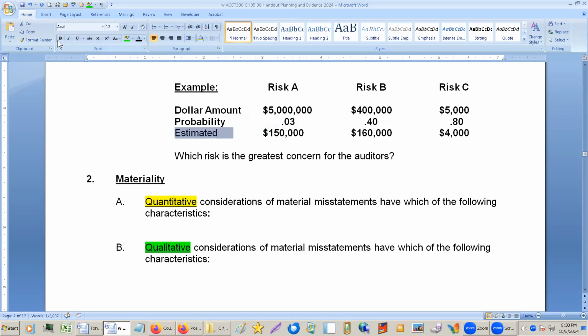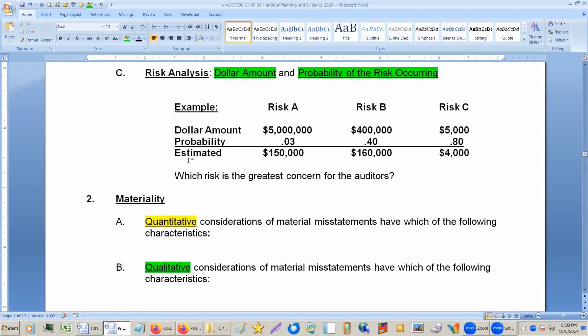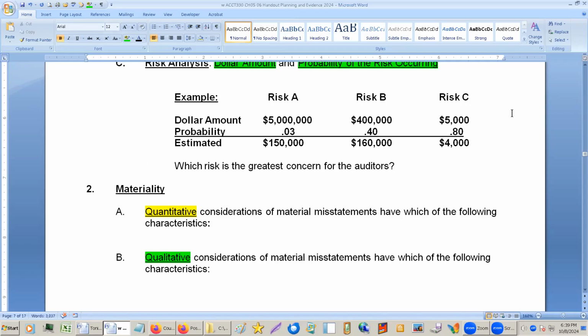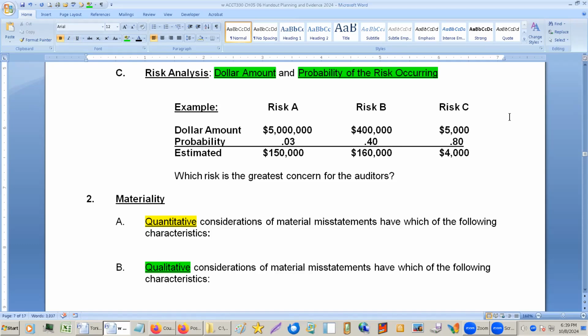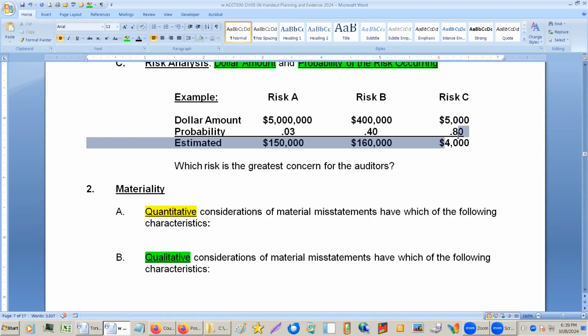So the question is, which one of these are you probably going to be more concerned about? I would say risk C because it has 80% probability. It does have the highest percentage, and it looks like it likely will be a problem. I say B, because the dollar amount is low and the 4,000 may be completely immaterial.